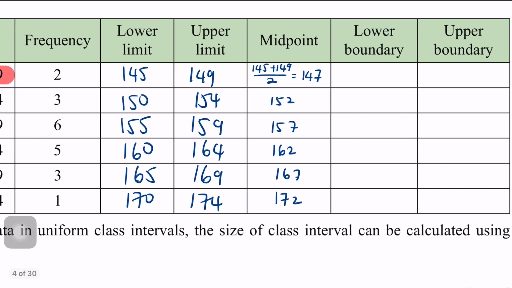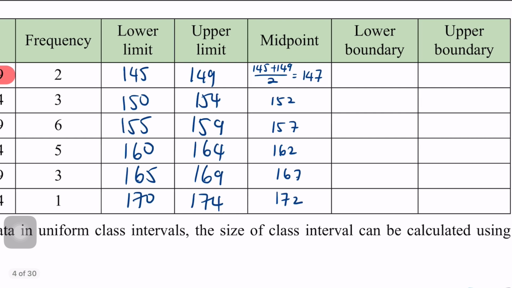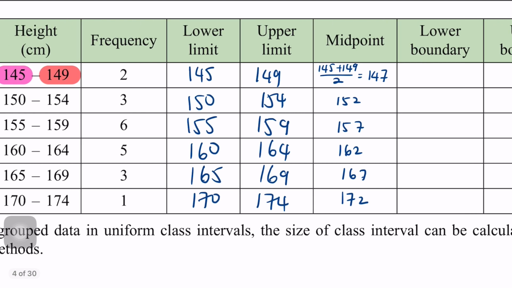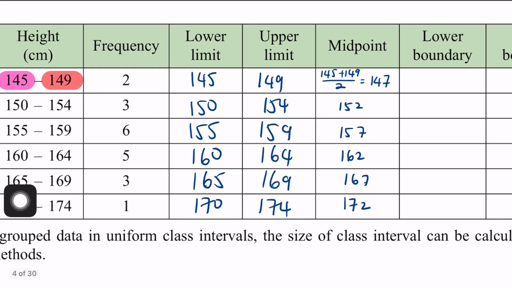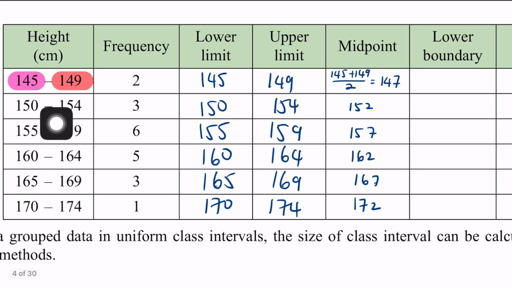Next, how to calculate lower boundaries and upper boundaries. For lower and upper boundaries, personally I usually start from the second class. To calculate lower boundaries, we start from the second class. We take its lower limit, the lower limit of the class we want, so 150, plus the upper limit of the previous class, so we have 149. Then we divide by 2.